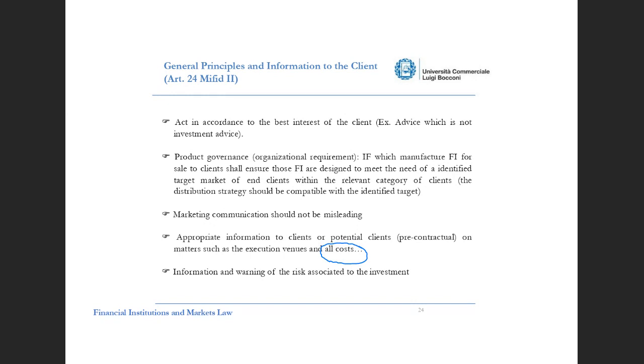And this has been a matter of great concern for the industry, because before MiFID II, there were a lot of costs which still remained, so to say, under the carpet, were not fully legible and understandable by the client. Think, for example, of a situation where you have portfolio management. And in the portfolio management, you include in the portfolio units of investment funds.